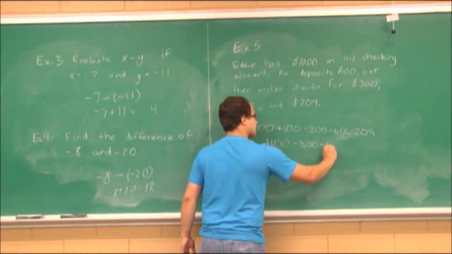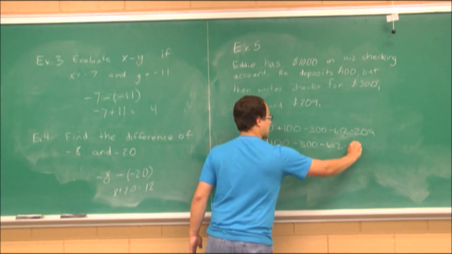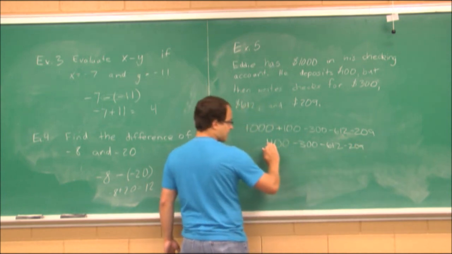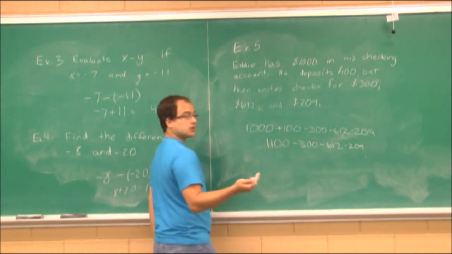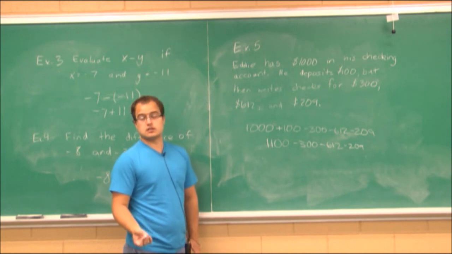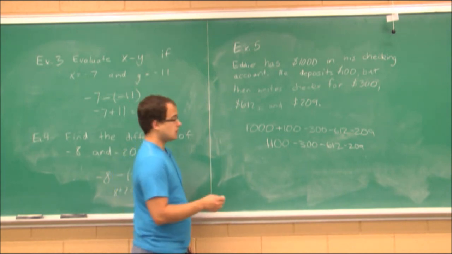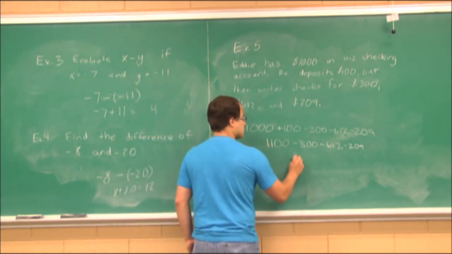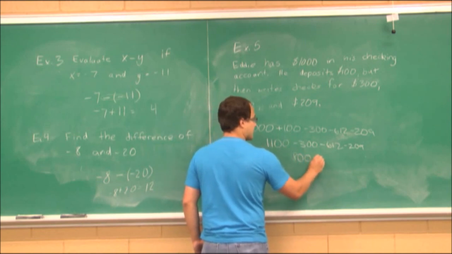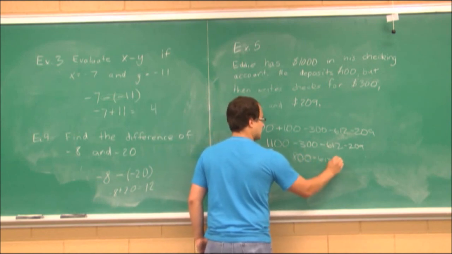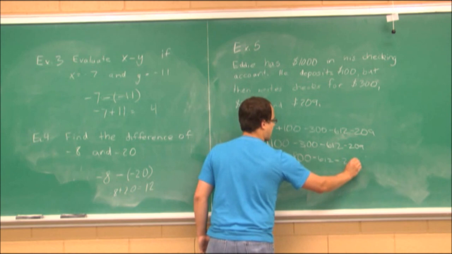Then everything else, I'm just going to write down as it was. Now I have 1,100 minus 300, which is 800. And again, everything else just stays the same.